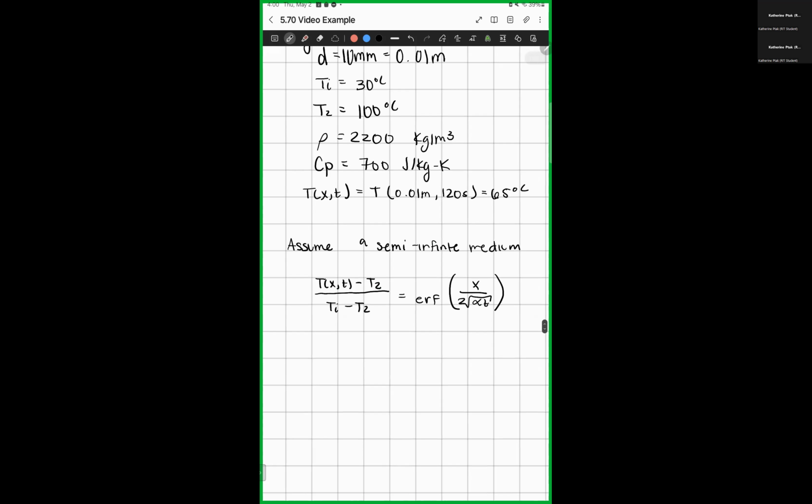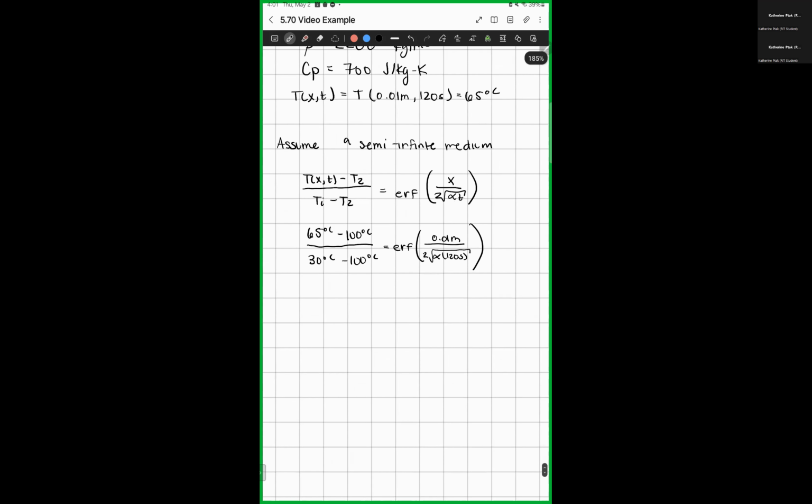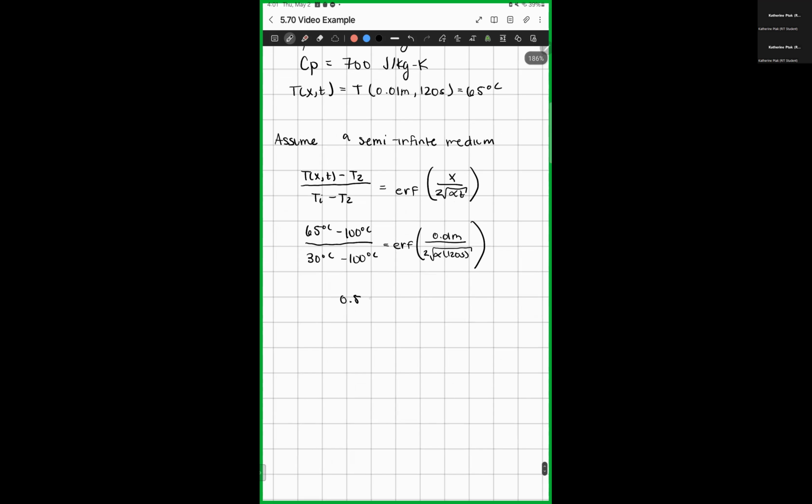So if we fill all this in, we get 65 degrees Celsius minus 100 degrees Celsius, all over 30 degrees Celsius minus 100 degrees Celsius. And we do a little bit of math.